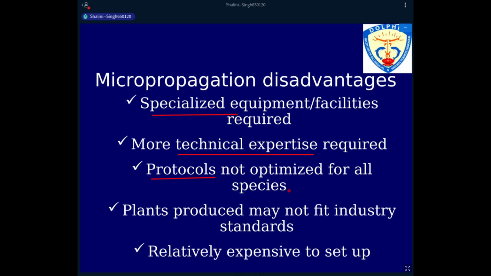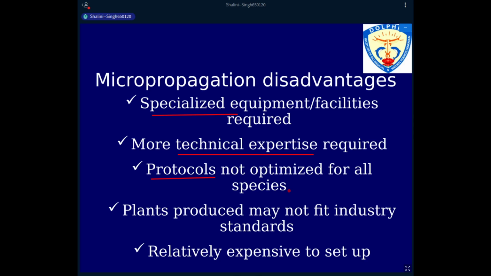Protocol optimization means what medium you are taking, what should be the concentration of growth regulators, what should be the sterilizing agent, what should be the duration of sterilization. So each and everything you need to optimize according to the species on which you are working. Okay.